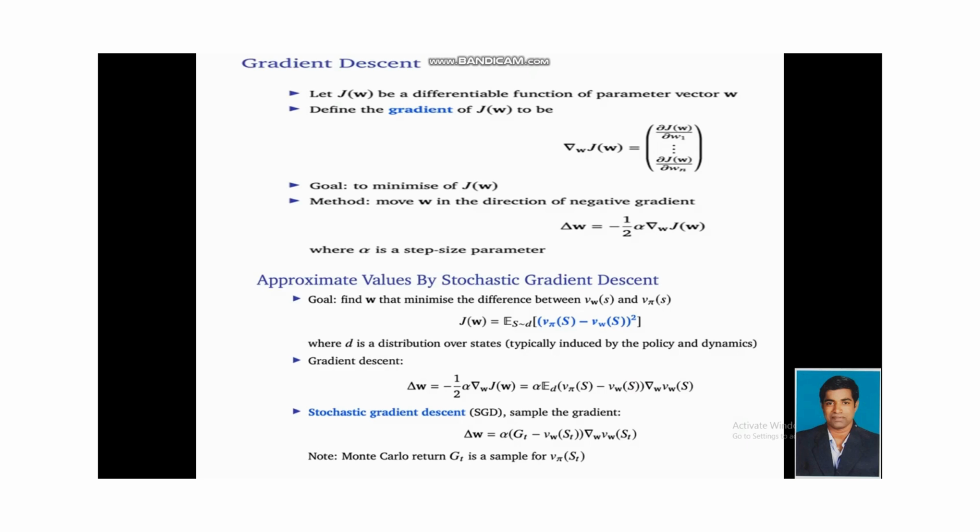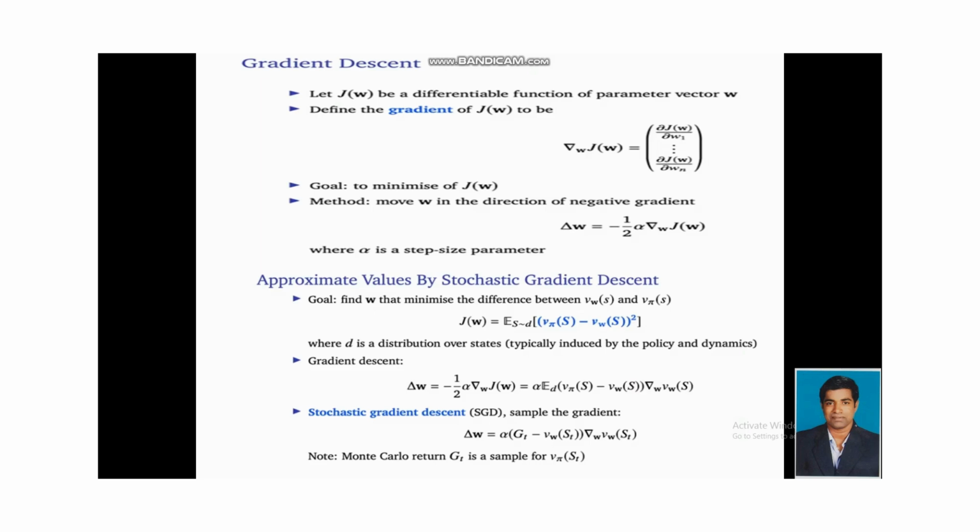Gradient descent: let J of W be a differentiable function of parameter vector W. Define the gradient of J of W to be gradient W of J of W, the vector of partial derivatives dou J of W by dou omega 1, dou J of W by dou omega 2, up to dou J of W by dou omega n, as shown here.